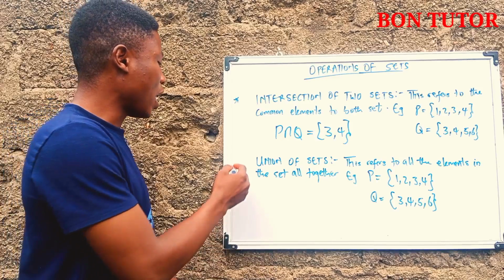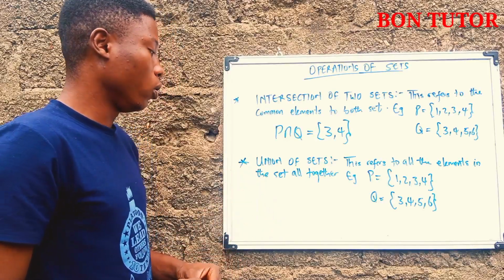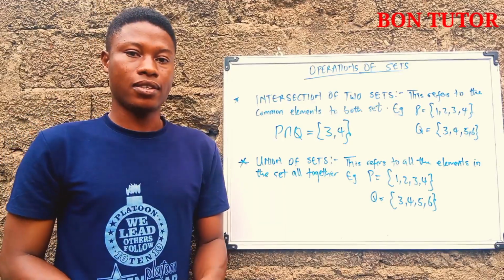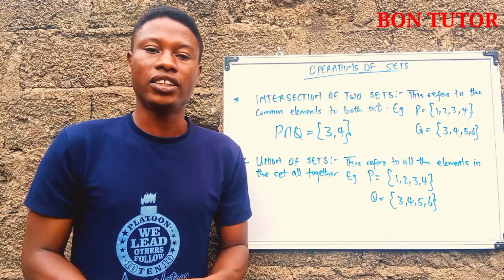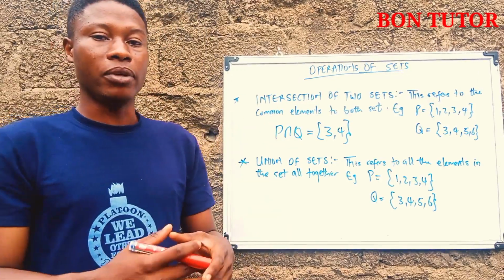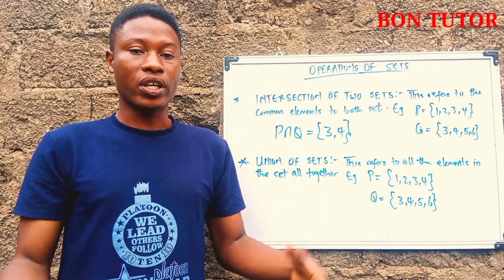And also we have another operation here called union of sets. When you're talking about union of sets, you're talking about bringing all the elements in both sets together.